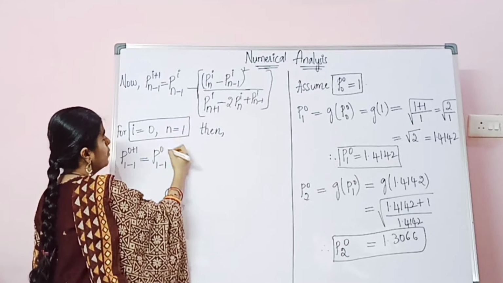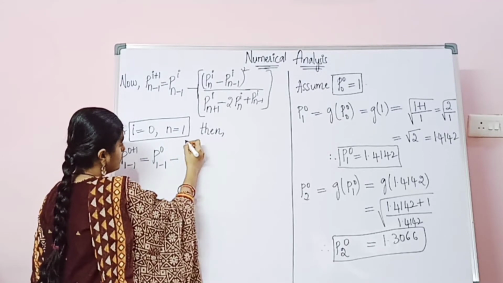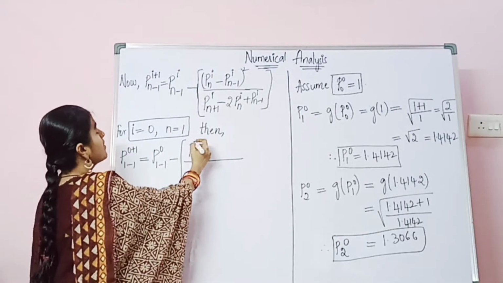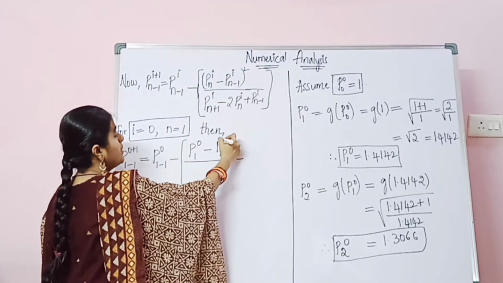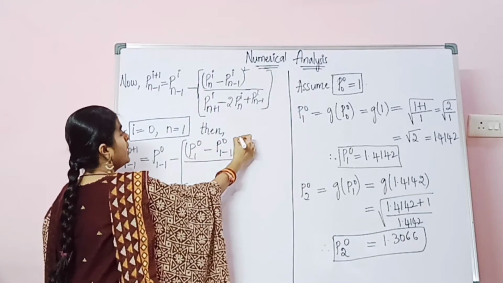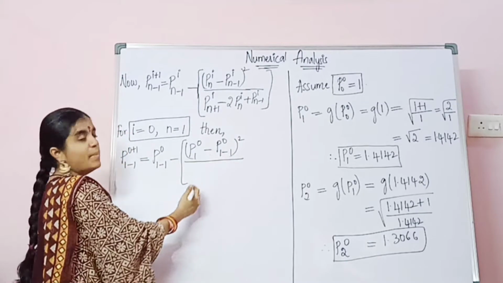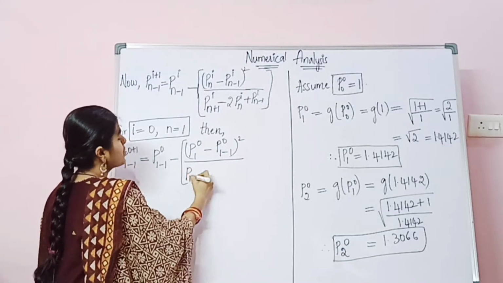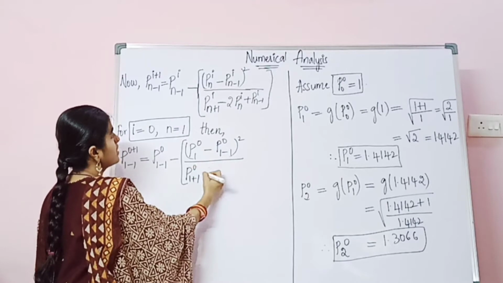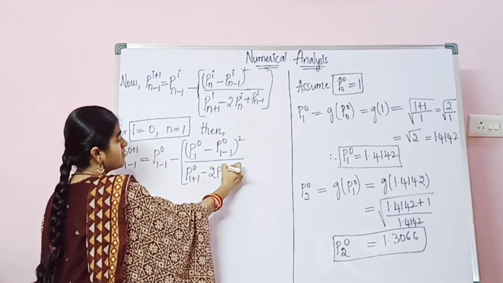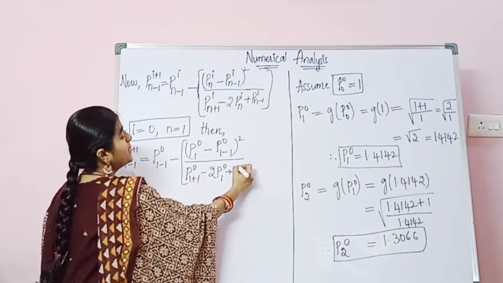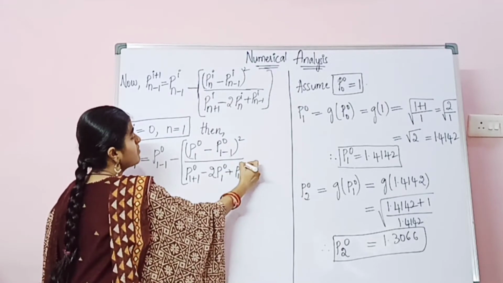What is I? 0. Minus P1 minus 1 power 0 whole square by P1 plus 1 power 0 minus 2 into P1 power 0 plus P1 minus 1 power 0.